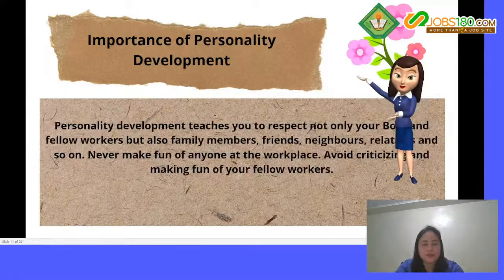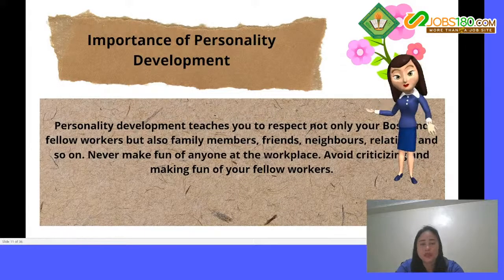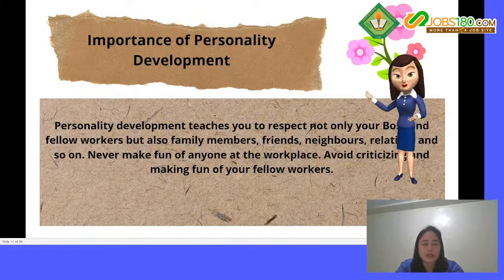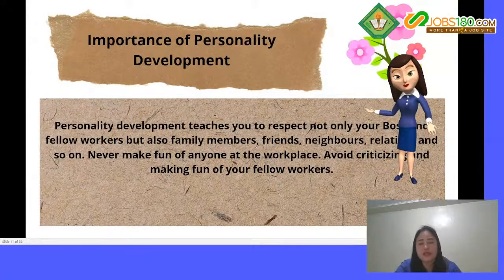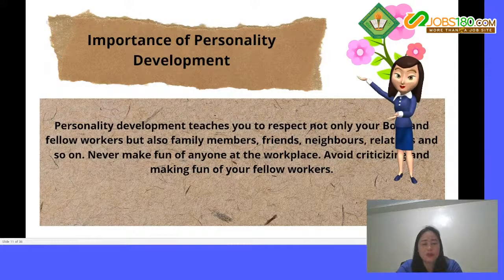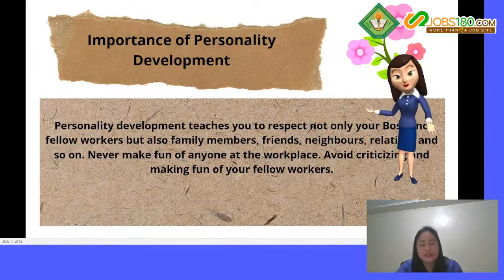Okay? Personality development teaches you to respect not only your boss and fellow workers, but also family members, friends, neighbors, relatives, and so on. Never make fun of anyone at the workplace. Avoid criticizing and making fun of your fellow workers.